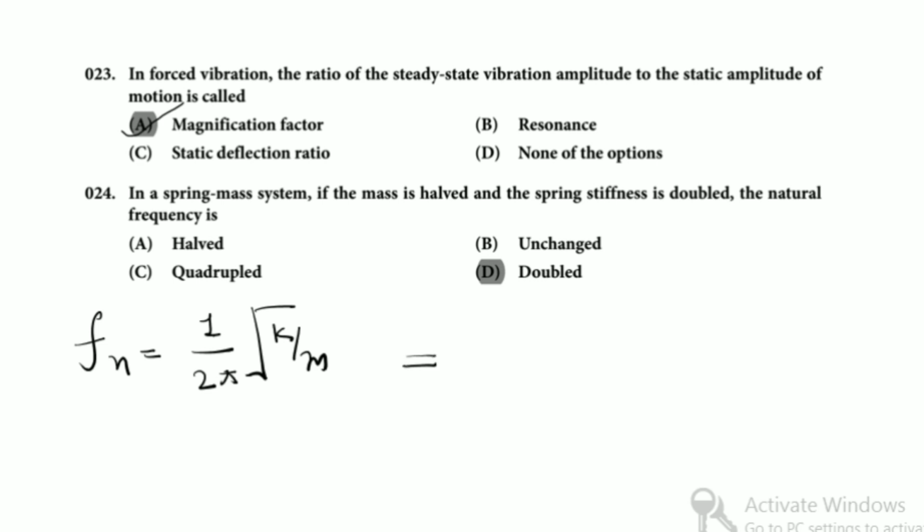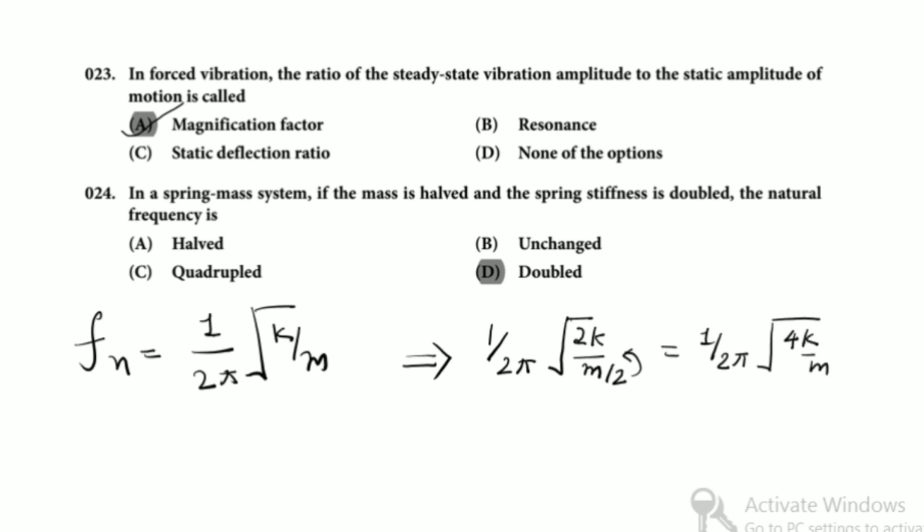So 1 upon 2 pi remains constant, k is to be doubled, so 2k, mass is to be halved, so m by 2. This 2 will go up, so it will be 1 upon 2 pi under root of 4k by m.